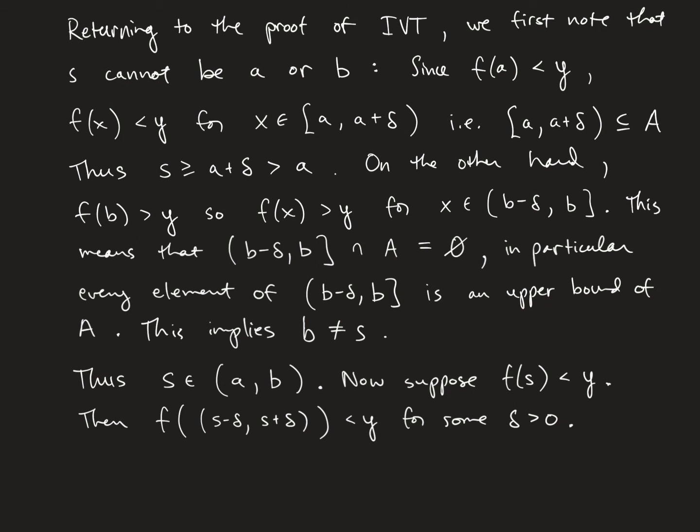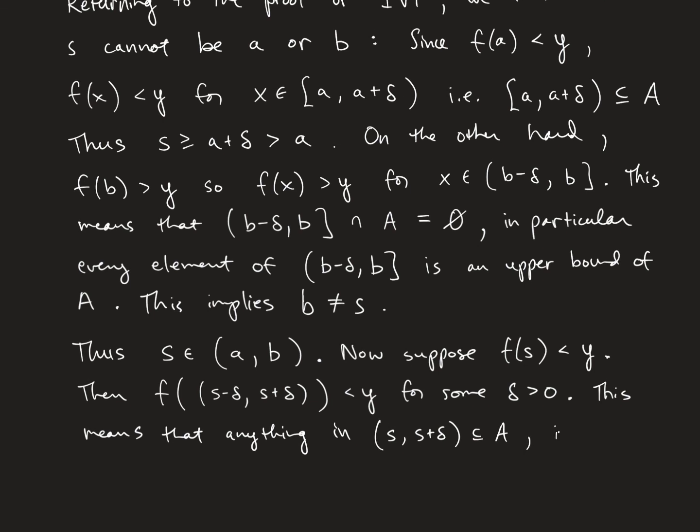So in other words, this means that anything in the interval from S to S plus delta is contained in A. In particular, S is not an upper bound for A. And that's a contradiction.